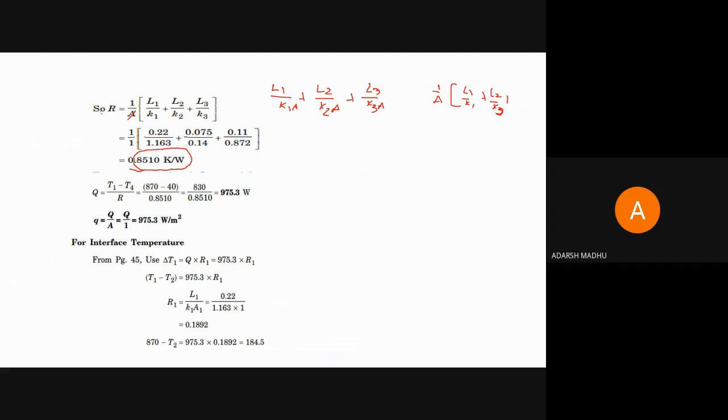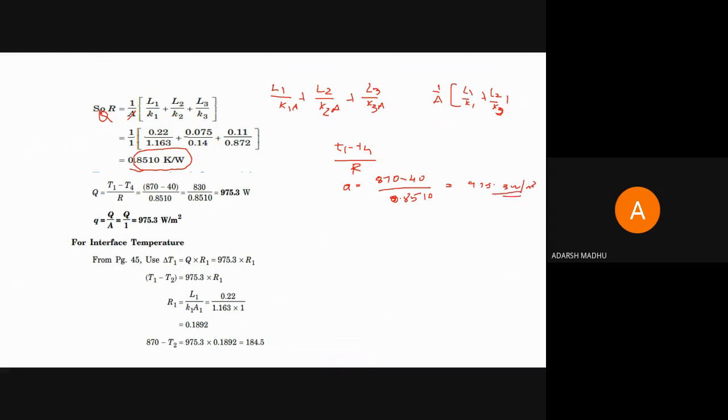Q is equal to delta T by R. Here delta T is T1 minus T4, divided by R. R is found as 0.8510 Kelvin per watt. So Q equals T1 minus T4, which is 870 minus 40, divided by 0.8510. Substituting the values for T1 and T4, we get the solution as 975.3 watt per meter square.